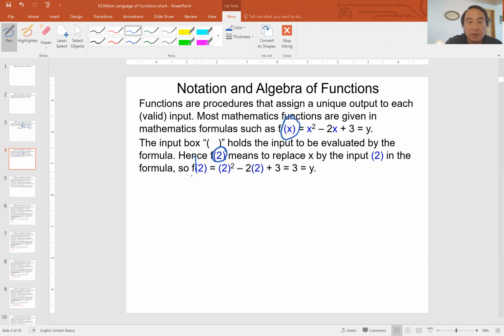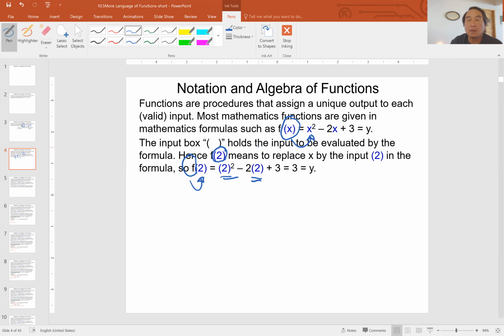So the function is a formula that will process this number 2. You put the input 2 in place of x. So x marks the position where the input is going to be inputted. After you input that and calculate, a number comes out. In this case, y is 3. So this is a function.